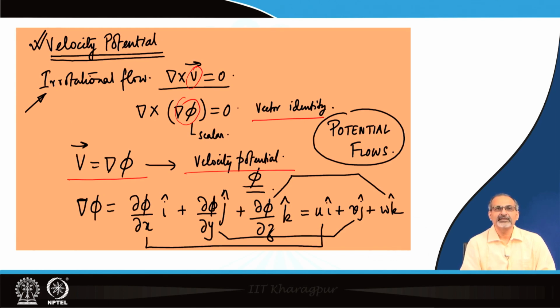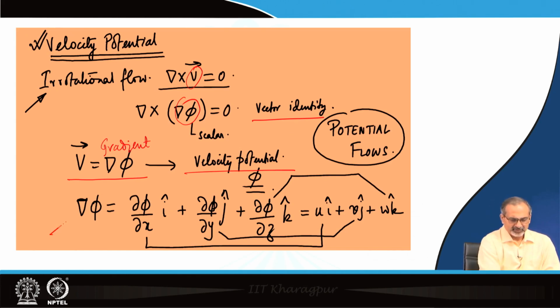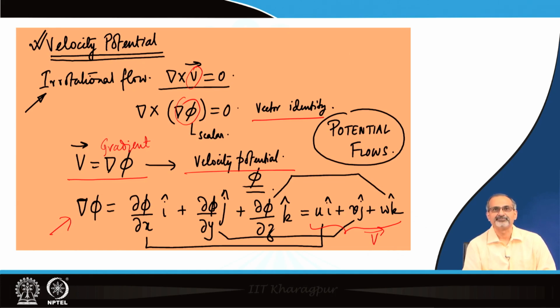So, the velocity vector can now be expressed as gradient of phi. So, this is the gradient operator operating on a scalar. Now, gradient of phi by definition is written in this form: del phi del x times i plus del phi del y times j plus del phi del z times k in the Cartesian coordinate systems, which of course is also equal to u i plus v j plus w k, which is the velocity vector by definition, and that would mean that u maps with del phi del x, v with del phi del y, w with del phi del z.